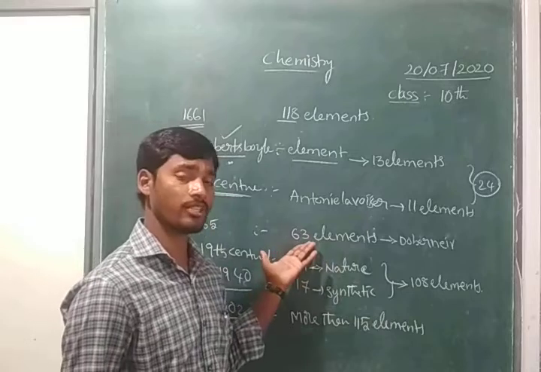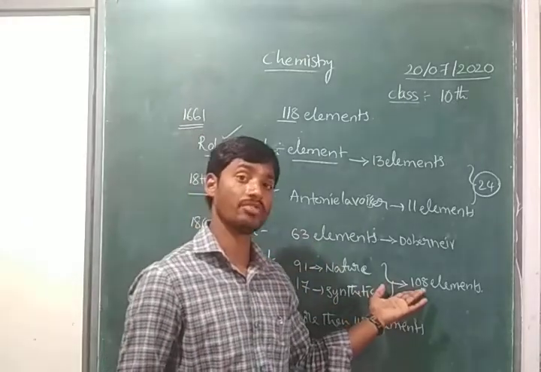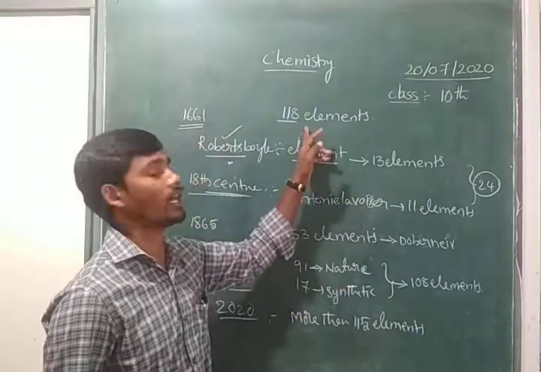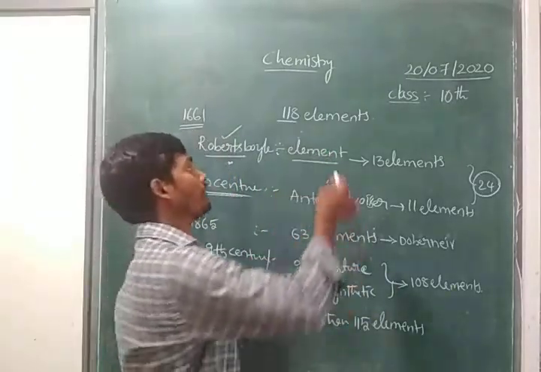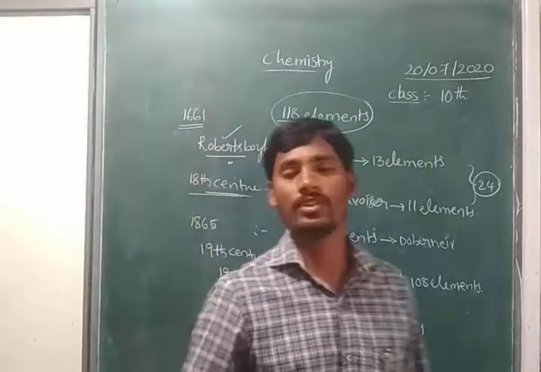If we have 63 elements, it's somewhat difficult. If it is 108 elements, it's too difficult. Today, we have totally 118 elements.